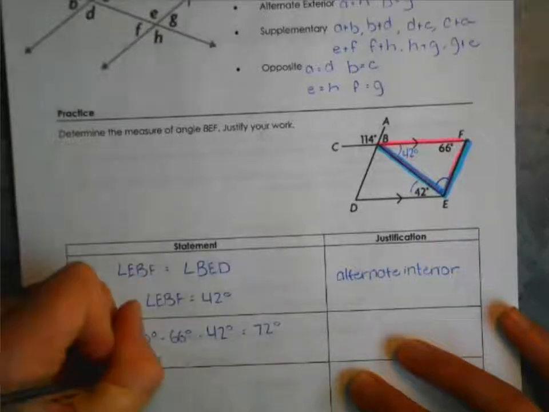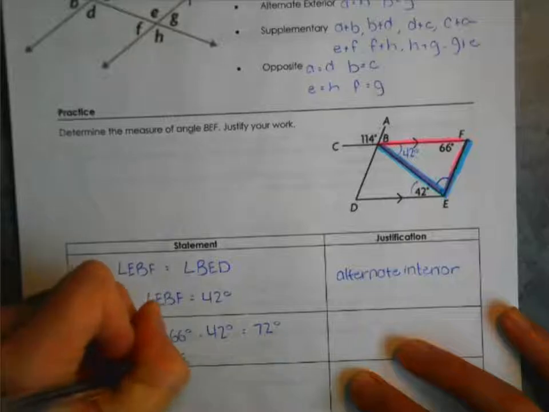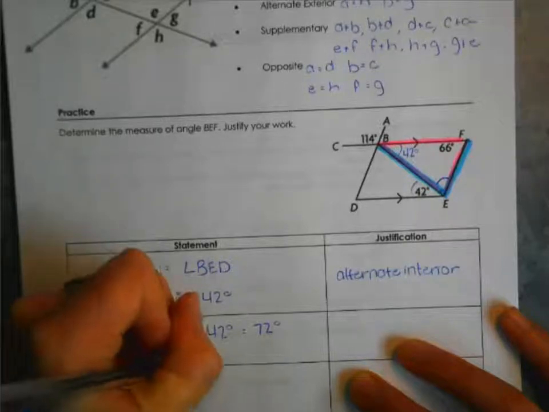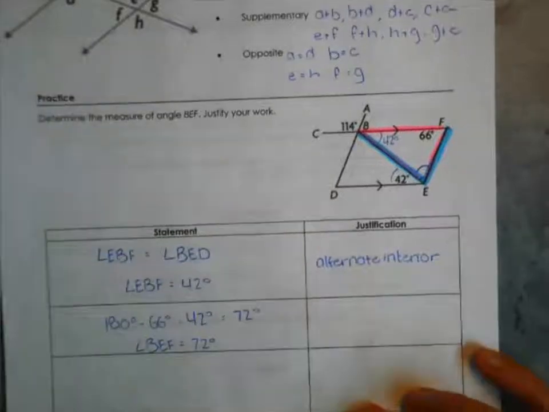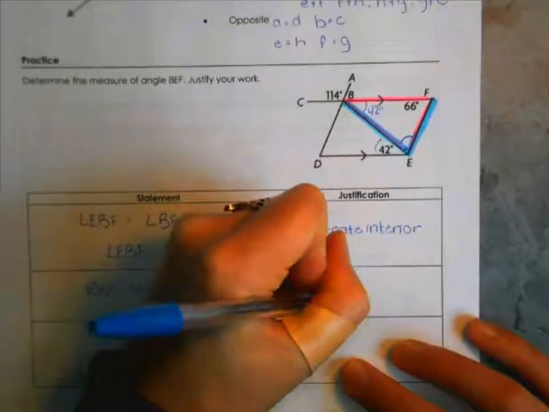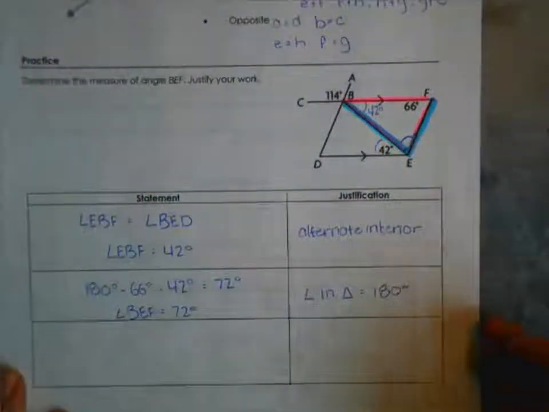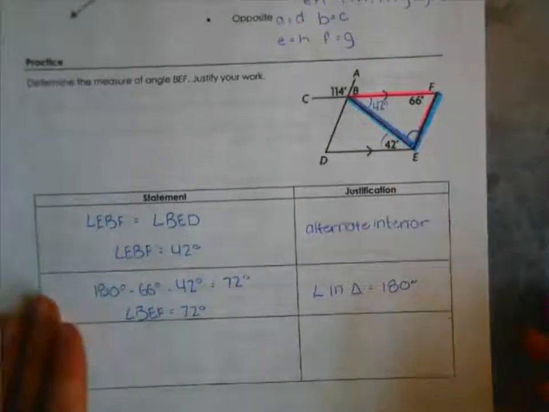So we can say angle BEF, which is the one we were looking for, is equal to 72 degrees. And the property that we can quote there is that angles in a triangle equal 180 degrees. Okay? I accidentally left a third spot blank there, but we don't actually need it because we've already proved it in just two statements.